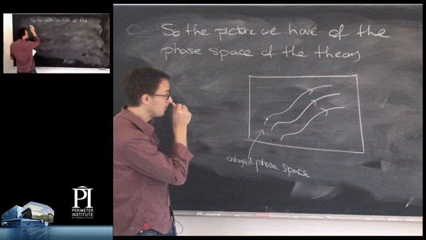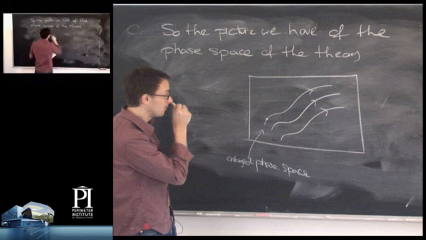Okay, so there's a nice picture we can think of, the phase space of the theory. Every single point here corresponds to a different value of A_i and A_i dot.